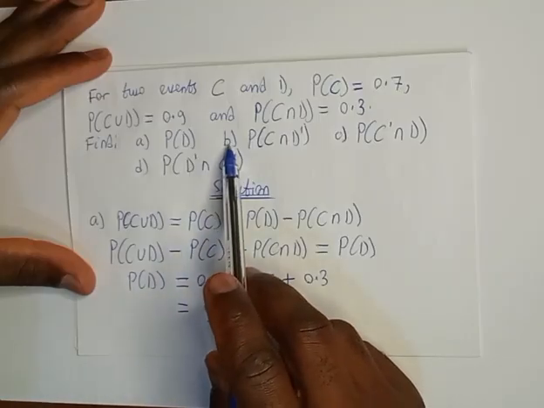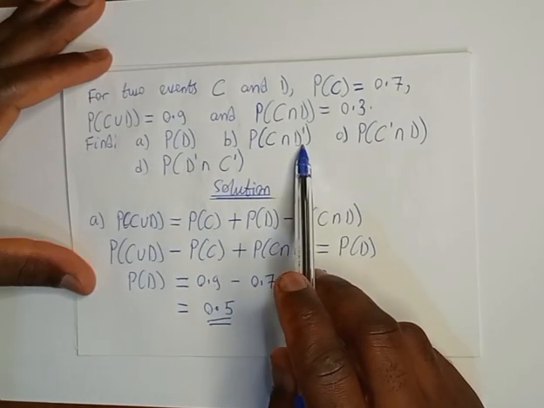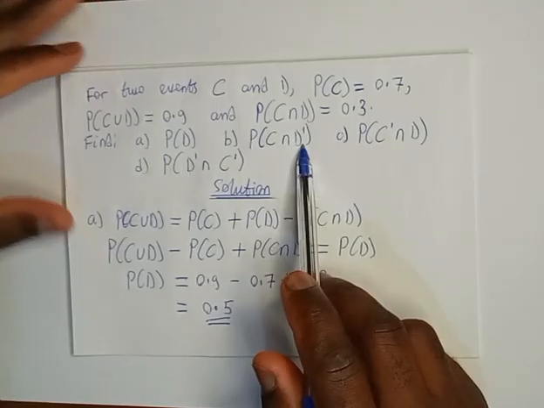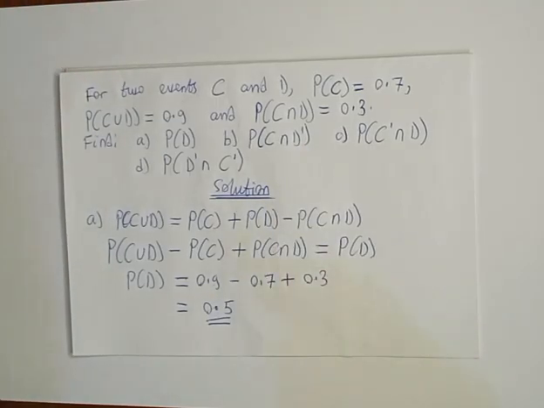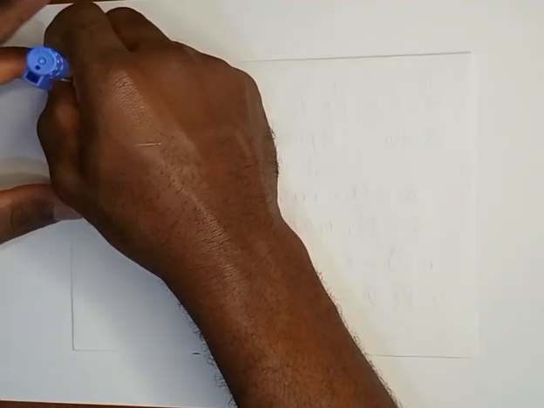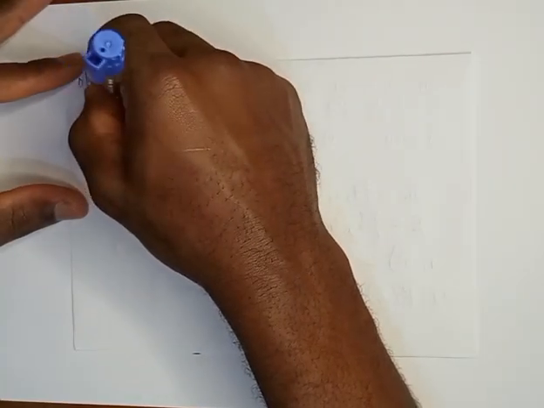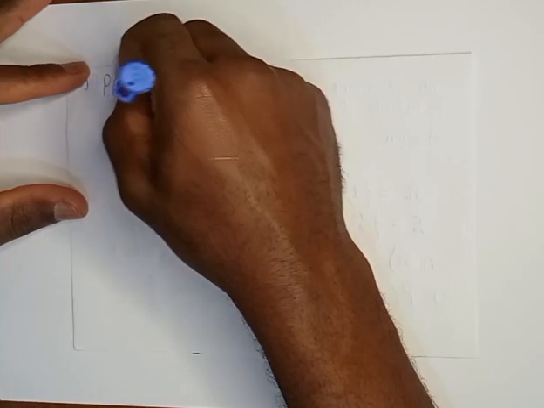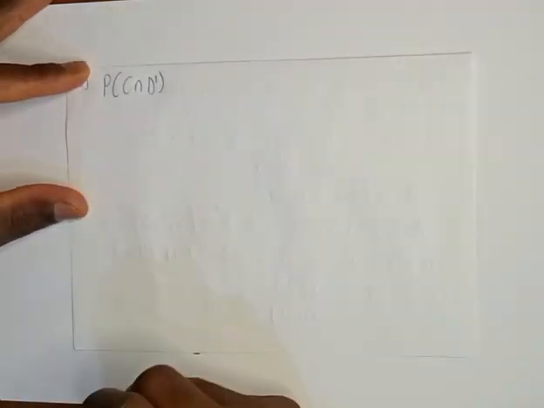Next, we have to find P of C intersection D prime. For us to answer this, we are going to represent it on a Venn diagram first. Question B, P of C intersection D prime.